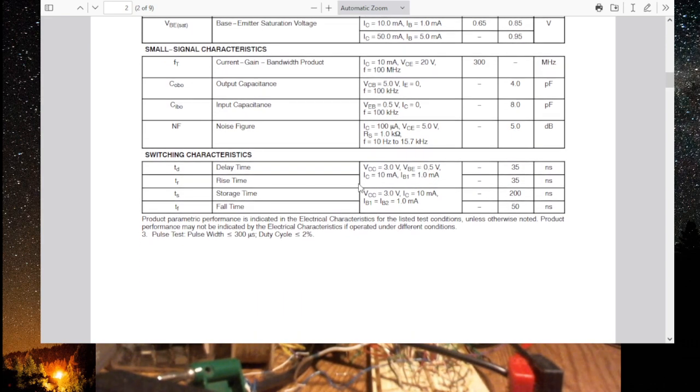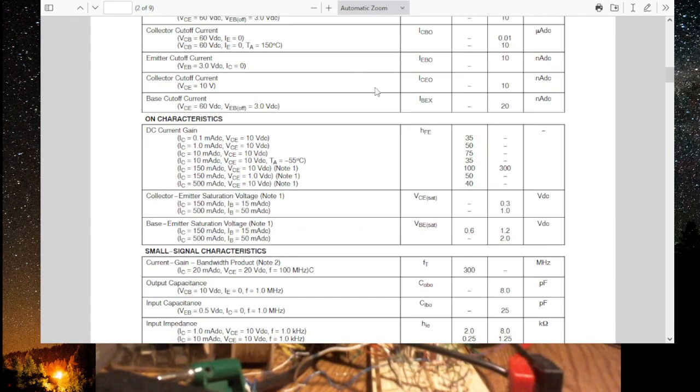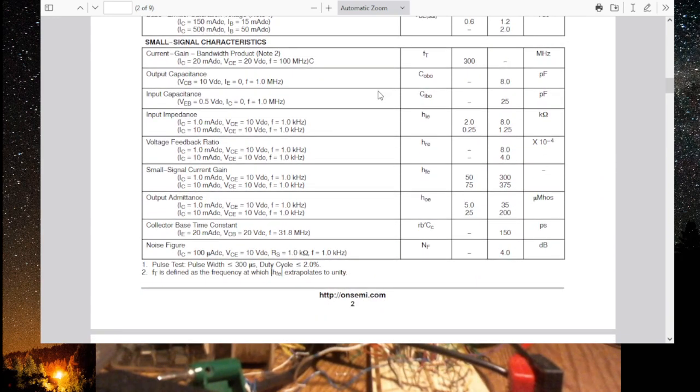Small signal characteristics. Delay time, rise time. This has to do with transients. That's in the nanoseconds, 35, 200. Oh, this is 8 picofarads. It's the same. Input impedance, I didn't see that on the other chart.